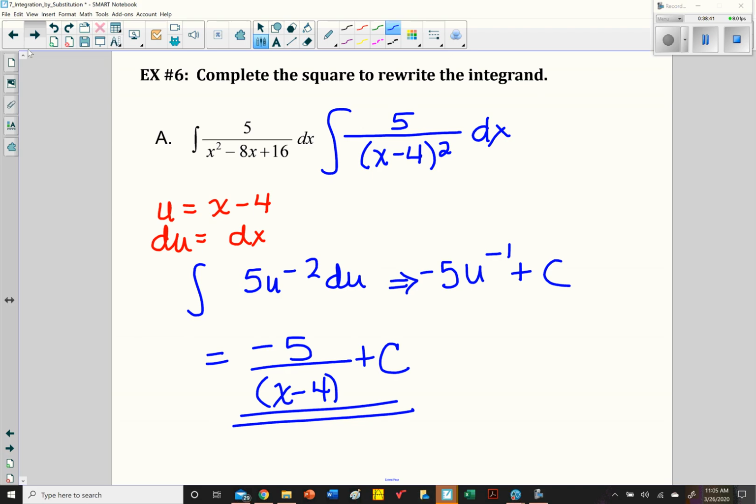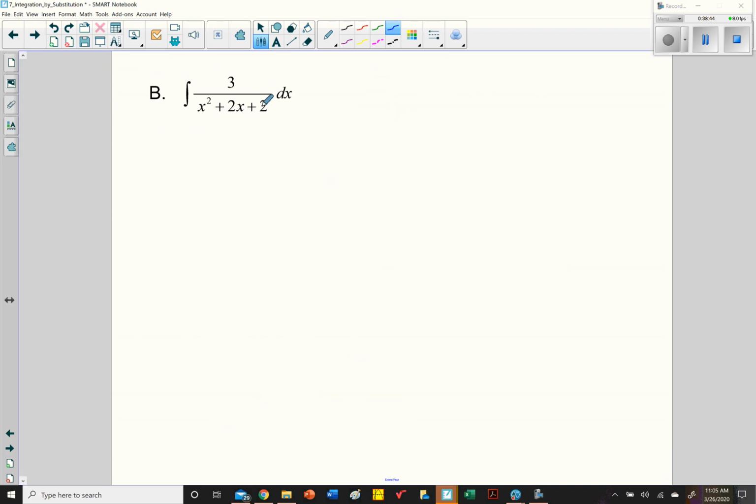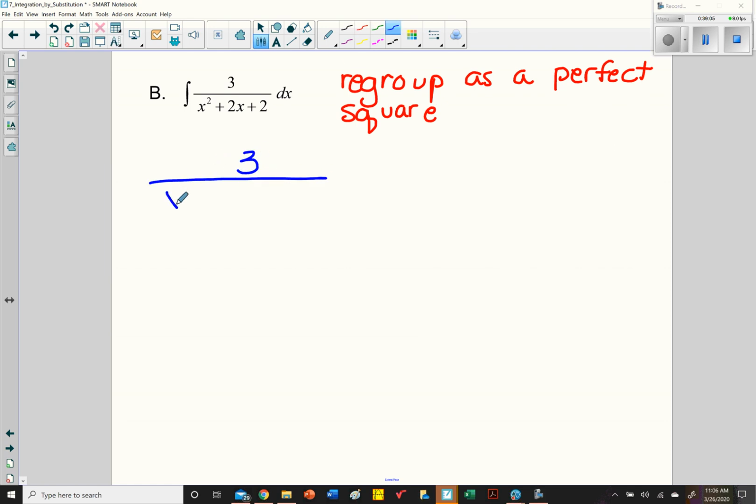One more example. In this case, it's not a complete square, so we're going to regroup as a perfect square. So to regroup as a perfect square, 3 would be in our numerator, and x squared plus 2x, half of 2 is 1, 1 squared is 1, but we're going to keep it balanced and subtract a 1.